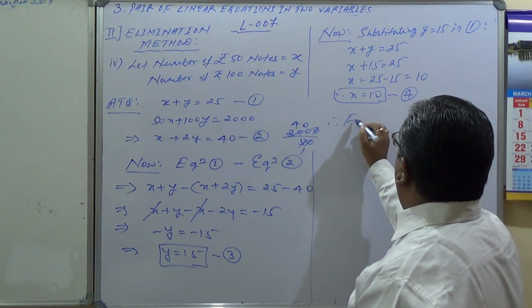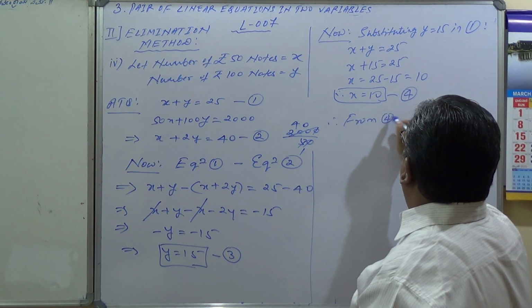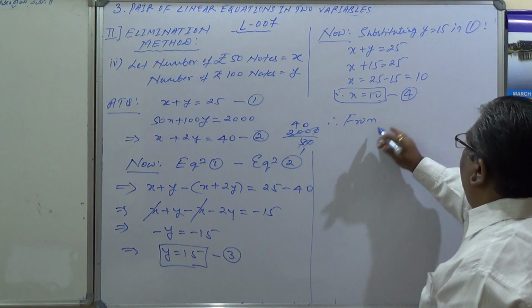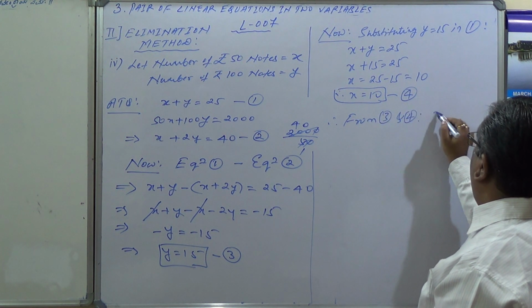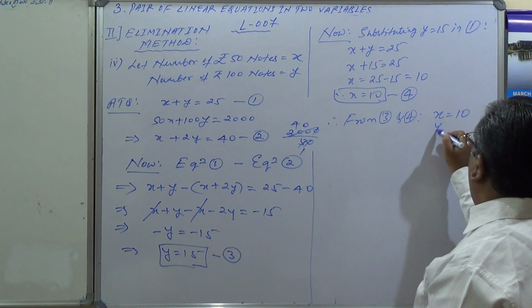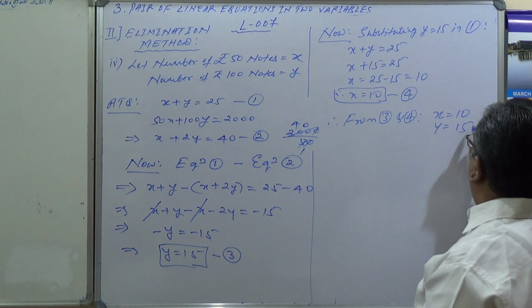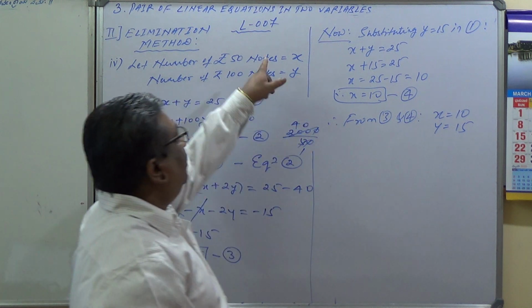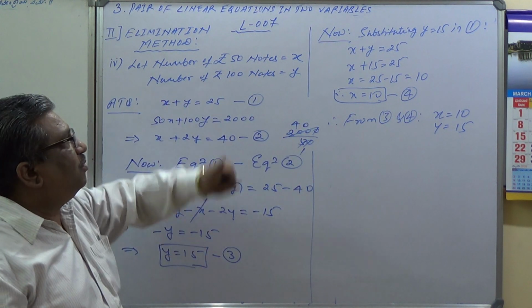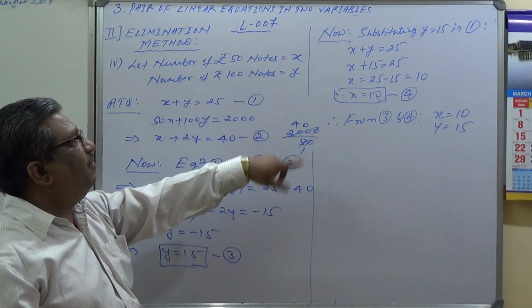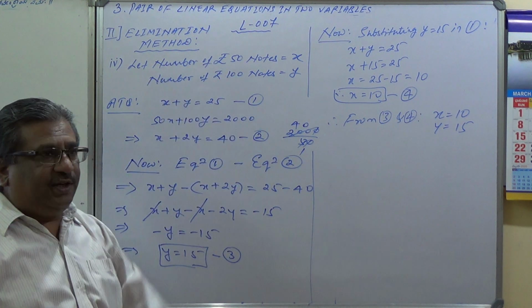Therefore, from 3 and 4, what are the values of x and y? x is equal to 10 and y equals 15. The meaning is rupees 50 notes she received is 10 and 100 notes she received is 15. So 10 numbers of rupees 50 notes and 15 numbers of rupees 100 notes she received.